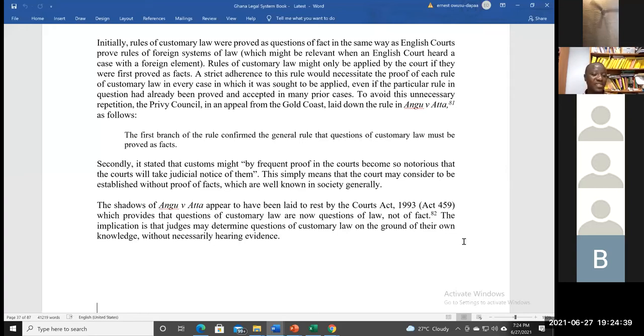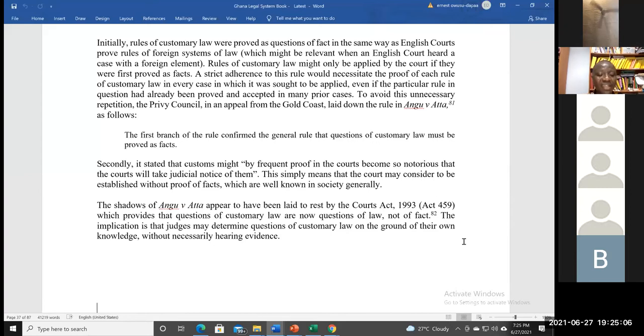It's rather the duty of those who are alleging that a certain customary law exists, who have the burden to bring evidence to convince the court whether it is really true that this is a rule of customary law or not. And that is the situation which happened before the Privy Council in Angu versus Ata.